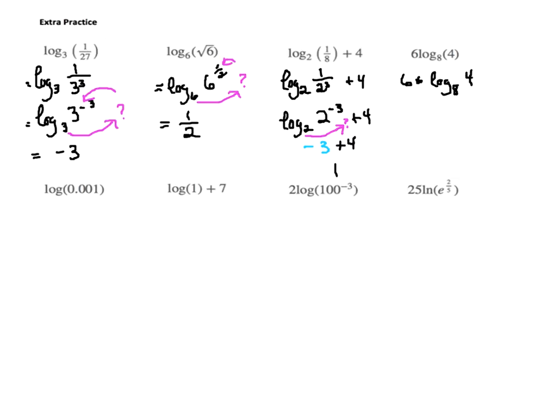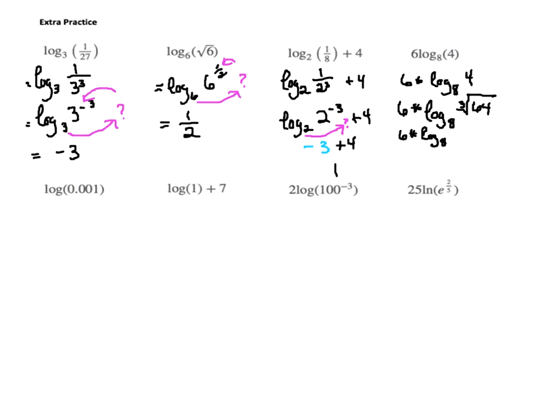So I'm going to call 4 the cube root of 64. And I'm going to call now 64 8 squared. So 6 times log base 8, I'm going to run out of room for this one, of, I'll go ahead and change for the sake of space.